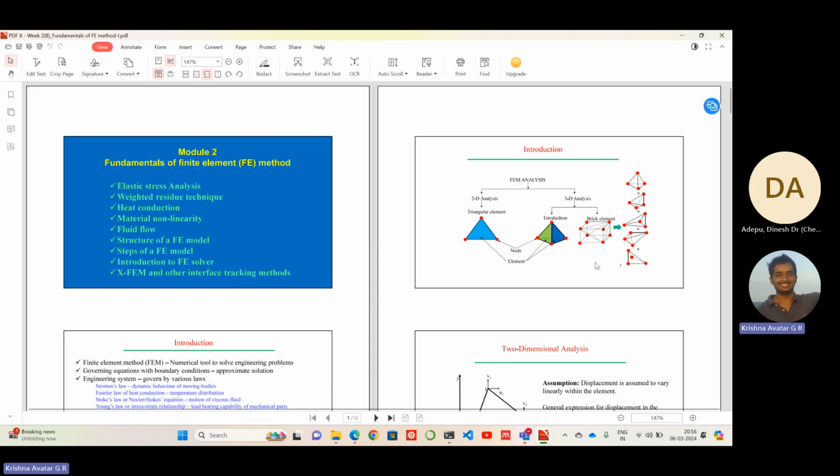Like we learned, we can have numerous types based on the applications. However, what is common in every such element is that we have nodes and elements. A node is like all these vertices, and it is here where we compute the values of unknowns.